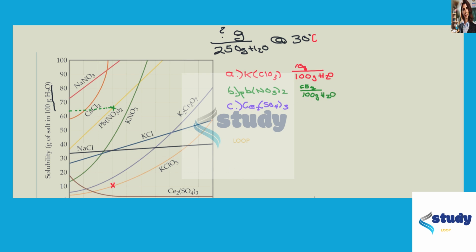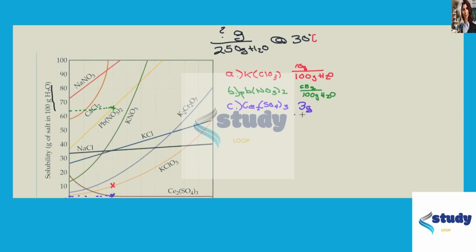All right, let's find cesium. Cesium sulfate is down here at the bottom, and I'm just going to guesstimate that that is possibly about 3 grams here. 3 grams for every 100 grams.